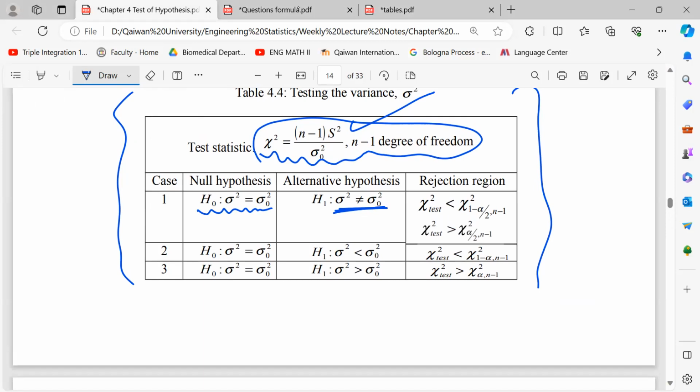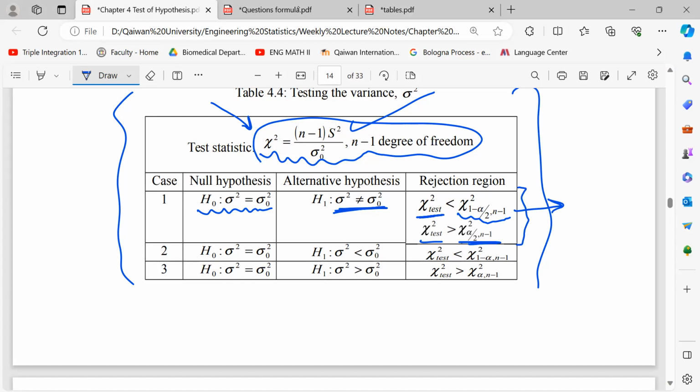So we say it's rejected if the chi-square test, this formula in step 5, is less than this one, which is step 4 that you could get from the table, or the chi-square test is greater than this one. We always reject H naught, the null hypothesis, if this condition is satisfied.